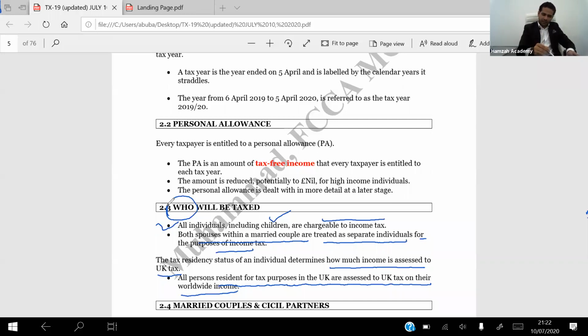Okay, is there anything you want to clarify right now? Please, quickly, if you can tell me so we can move ahead. So are we clear on the point of who will be taxed? Okay.